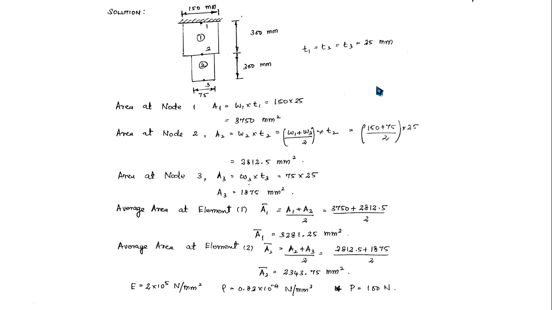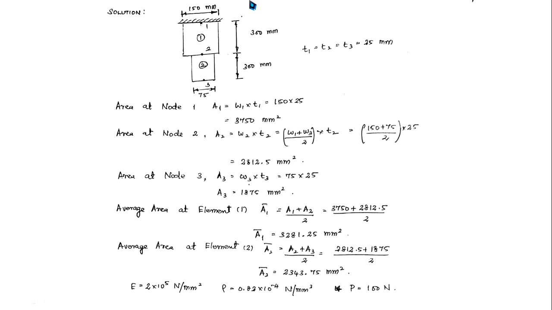In a normal problem, it is not needed. Whatever the dimension is, you go with it as such. But where you convert a tapered bar into a stepped bar, you have to go with an area calculation. We have two steps. First, calculate the area at each node, and then with respect to the area at each node, compute the area of the elements.